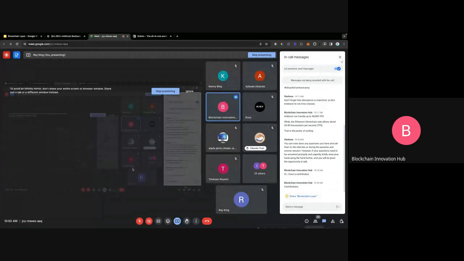That's just what layer one is all about. Layer one blockchains always get congested when people try to send funds, deploy smart contracts and so on.